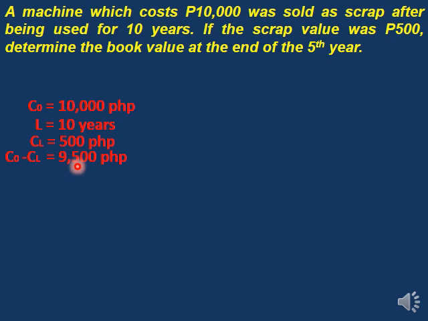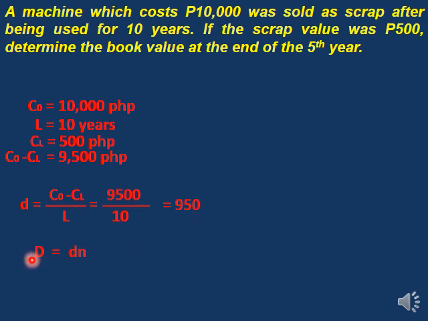Meaning, we can determine the cost of its service, which is 9,500, because 10,000, the total cost of the machine, less the cost of the plastics, the metals, and anything in it is 9,500. Now, if we distribute 9,500 equally throughout the years of its life, then we'll get 950. This is the depreciation per year.